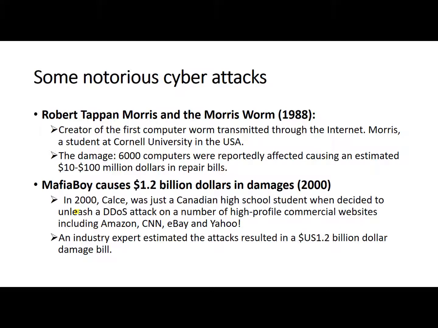He launched a DDoS attack on a number of high-profile commercial websites, including Amazon, CNN, eBay, and Yahoo. The cost of this attack was about $1.2 billion US dollars. So that's big money.